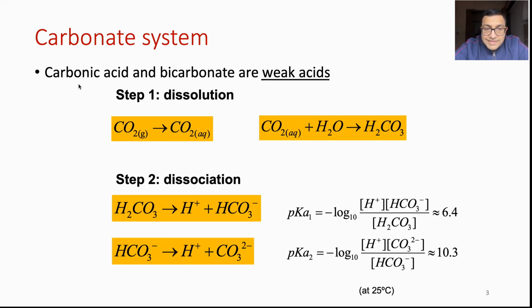And this carbonic acid is a weak acid, so it dissociates to form H plus and HCO3 minus, that is bicarbonate, and the pKa for that reaction is 6.4, and bicarbonate further dissociates to form another H plus and a carbonate ion, and the pKa for that is 10.3, which indicates that these are weak acids.